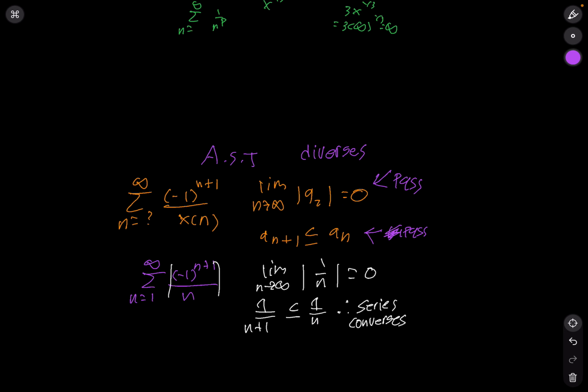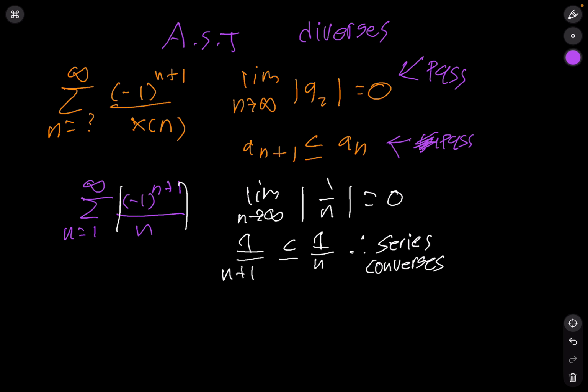Because that will be going back to the nth term test, where if we take the limit as n approaches infinity of a specific sequence, and it's not equal to 0, then it diverges. And so it has to pass that rule. But if it passes, then usually every other test passes the second condition as well.